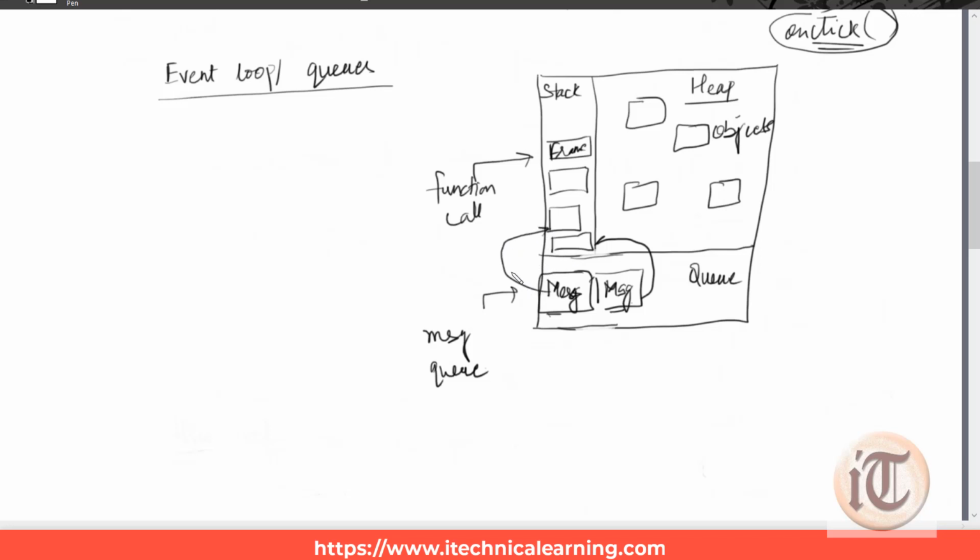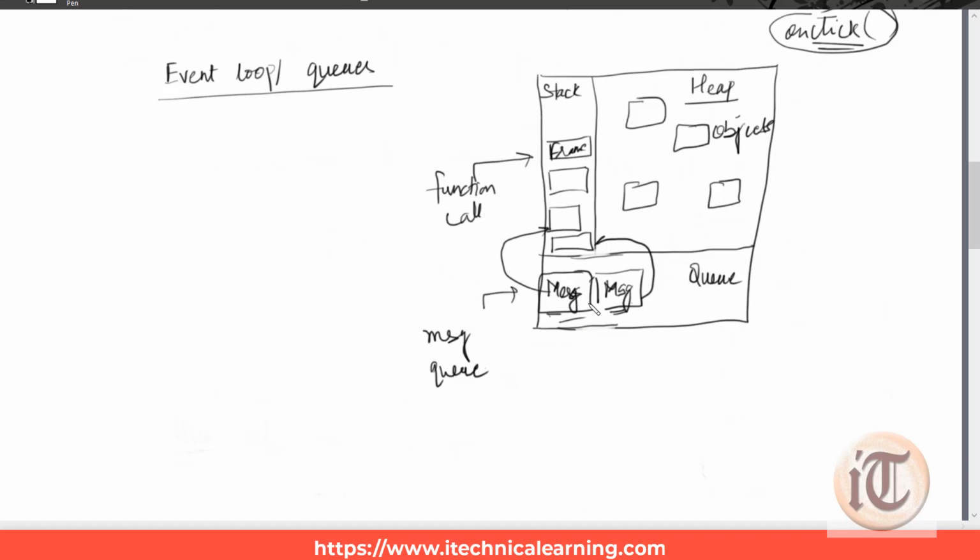When the program executes and contains multiple functions, the runtime starts handling the messages in the queue, starting with the oldest one. So the message which is the oldest will be executed first.